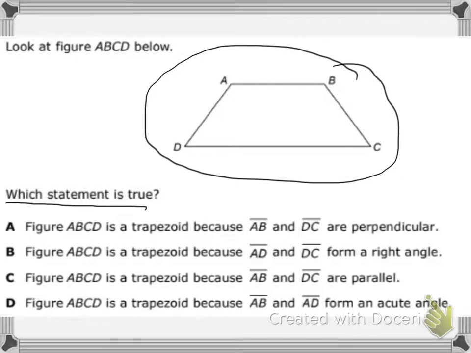A says figure ABCD is a trapezoid because A to B and D to C are perpendicular. B says figure ABCD is a trapezoid because A to D and D to C form a right angle.